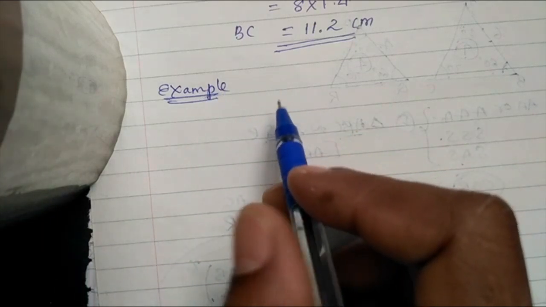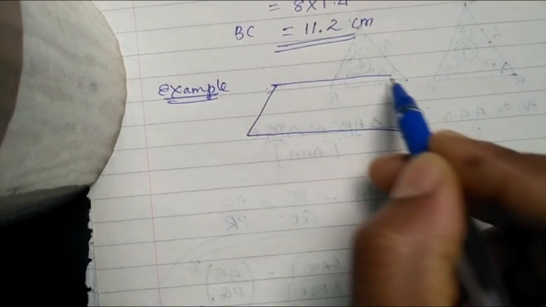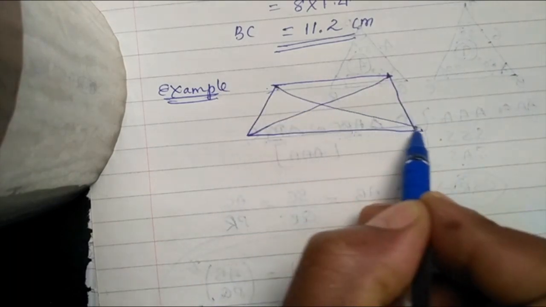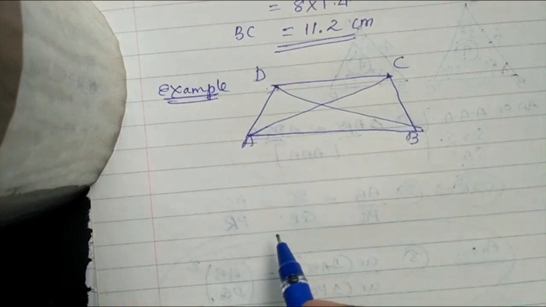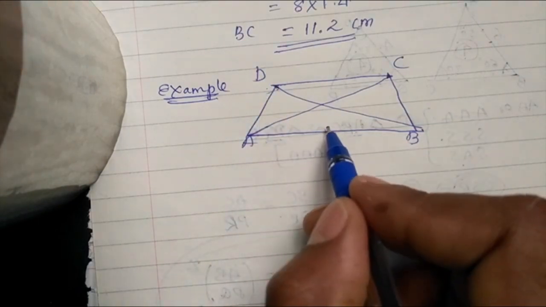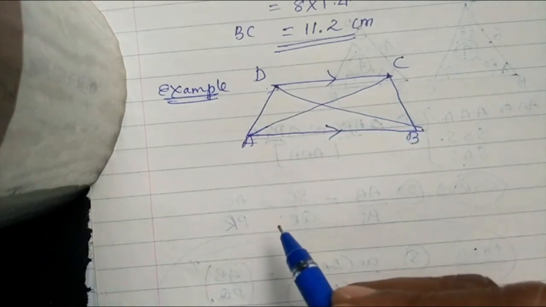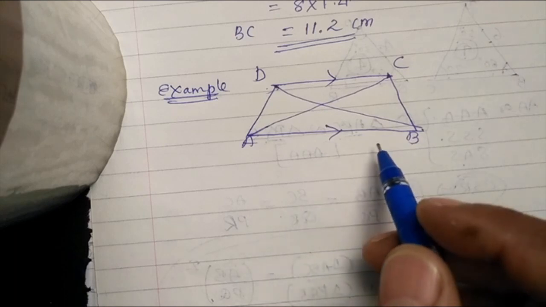Diagonals of a trapezium ABCD. So let us draw the trapezium ABCD, in that AB parallel to CD. Look, these two sides are parallel. As you know, in a trapezium, one pair of opposite sides are parallel.